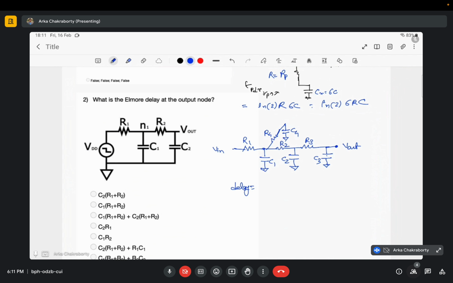While considering such circuits, the simplest way to remember is that the net delay would be determined by the resistors present in the active path, that is the path between the input and the target node, and the capacitances. Resistors like these will come into the picture, and resistors like this R4, which is not present in the active path, will not come into the picture, but all the capacitances will contribute to the net delay.